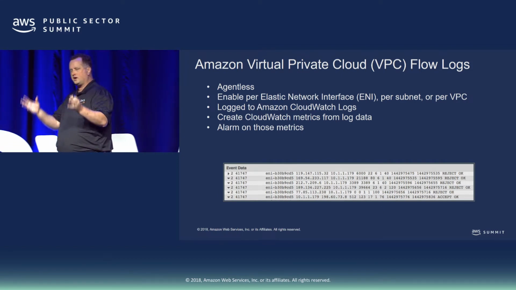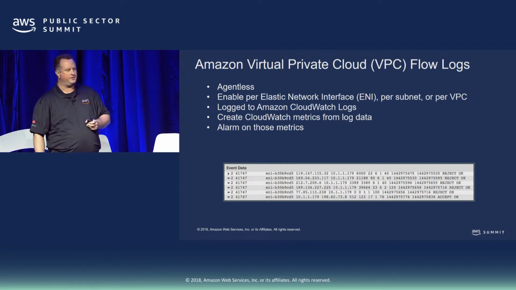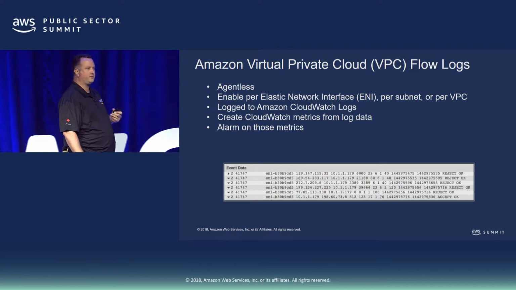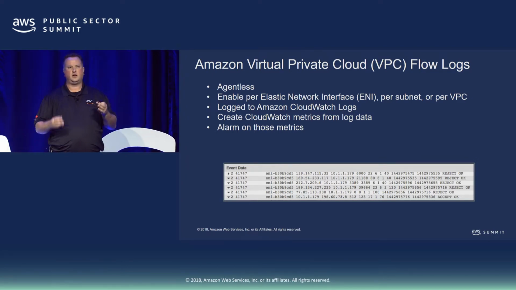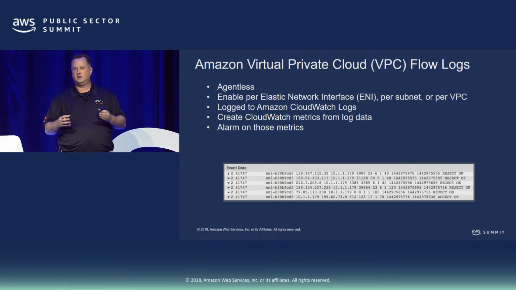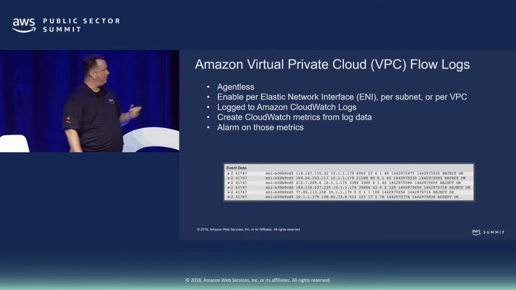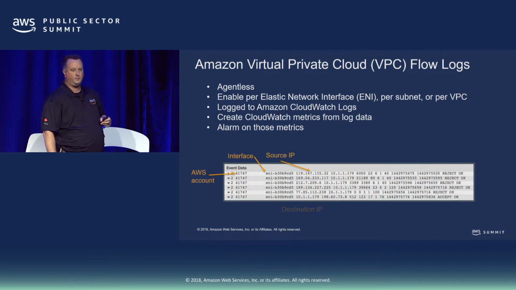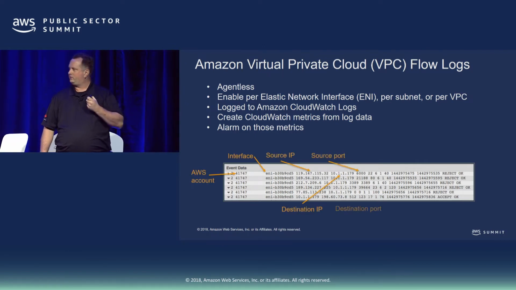Another key thing under the covers, I'm going to build on some of these, so I'm just sort of introducing them here, is VPC flow logs. So VPC is our virtual private cloud. This is our layer 2, layer 3 networking, software-defined networking. And basically, in VPC flow logs, you're going to get all kinds of information about every flow. And this is like NetFlow.